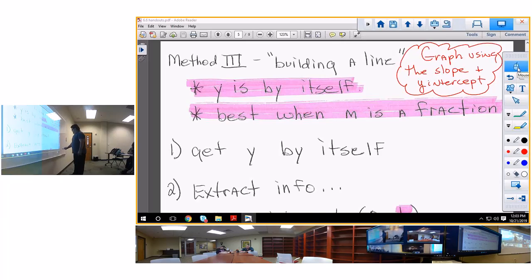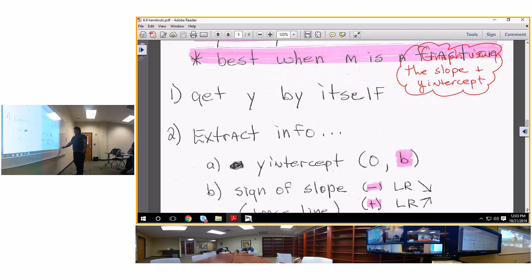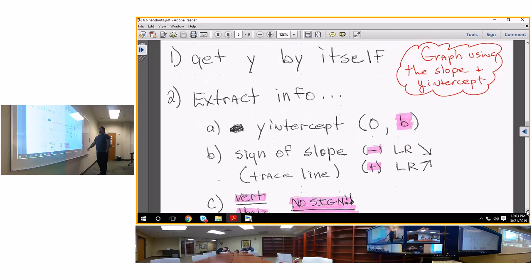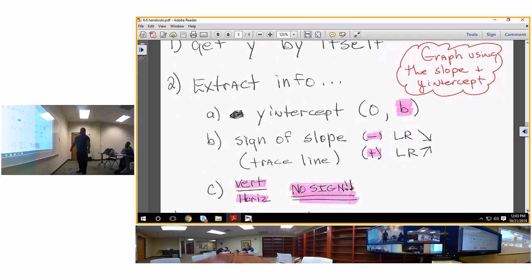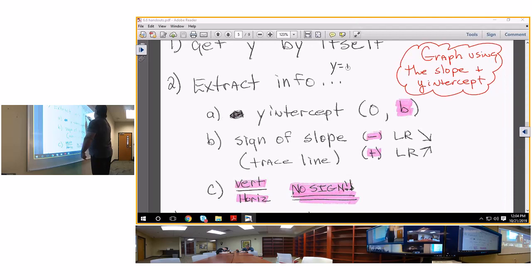All right, so here we go. Y by itself, and you extract the info. Now, when you get y by itself, and we're going to go over this in the second part on Wednesday, or whatever today is. Monday, so Wednesday, you're going to get y is equal to mx plus b.